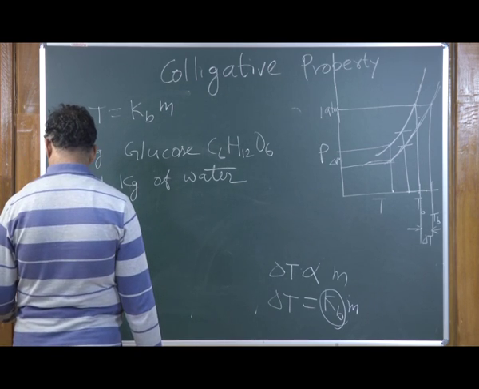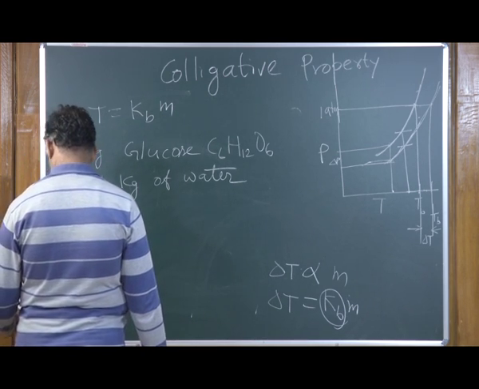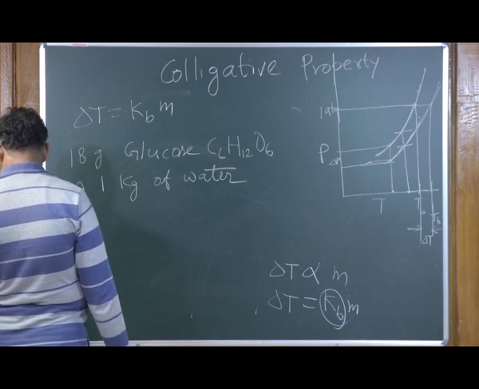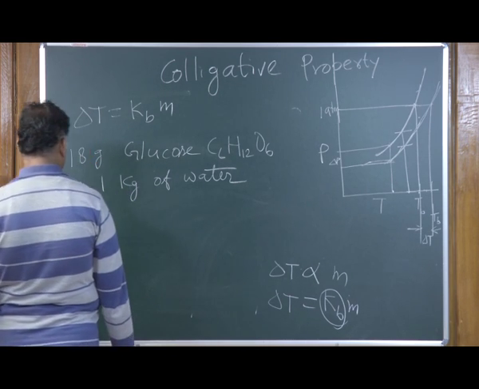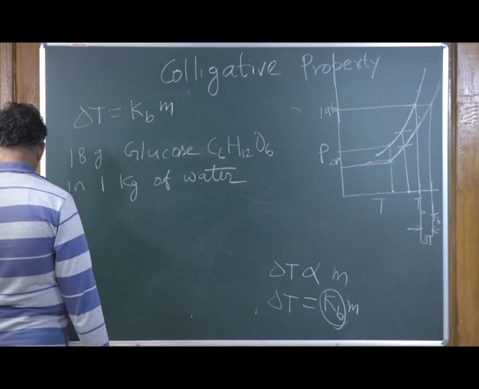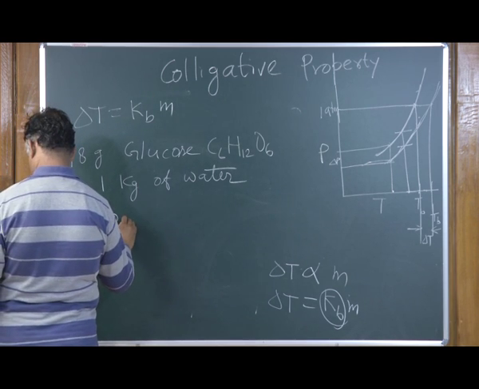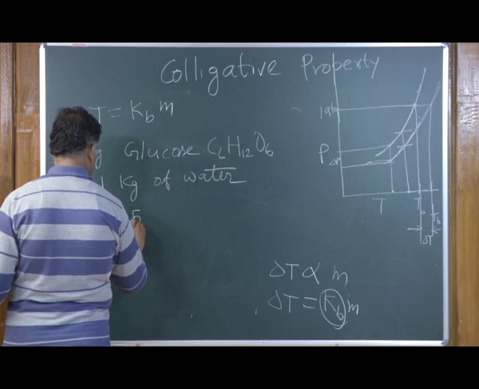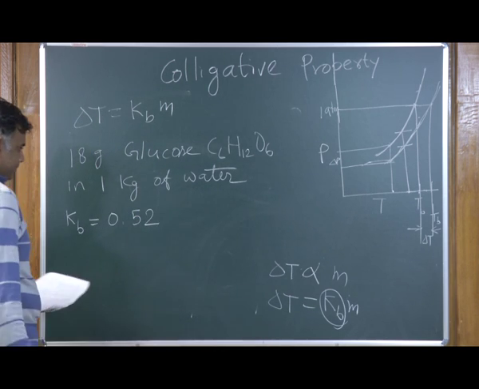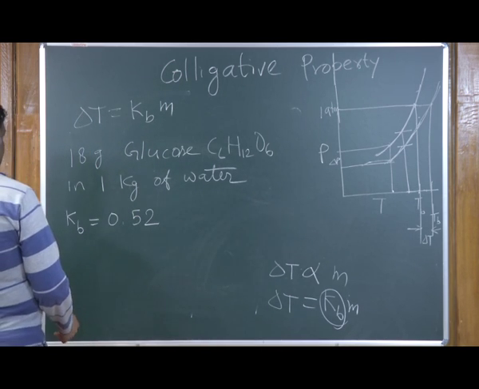At what temperature will water boil at 1.013 bar, and Kb for water is 0.52. So, we are just asked to calculate delta T.